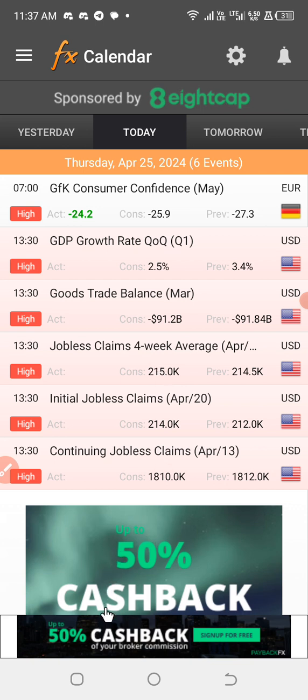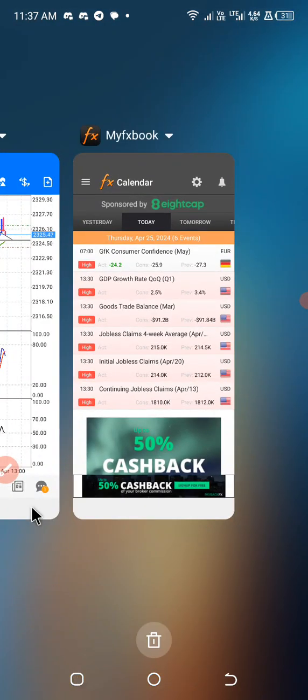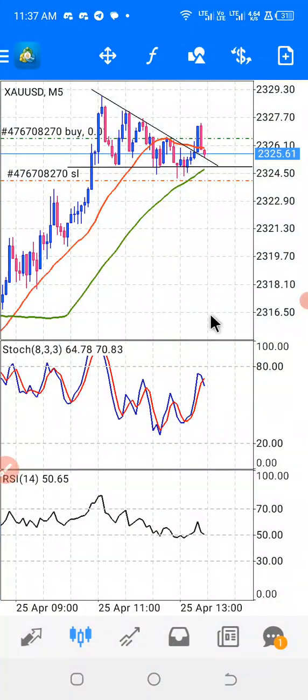Okay, so guys, of course, gold is a dollar pair. Gold is traded against the United States dollar. So if that news is bad for the dollar, gold will buy. If it is good for the dollar, gold will sell. Okay, so that is how we do it.